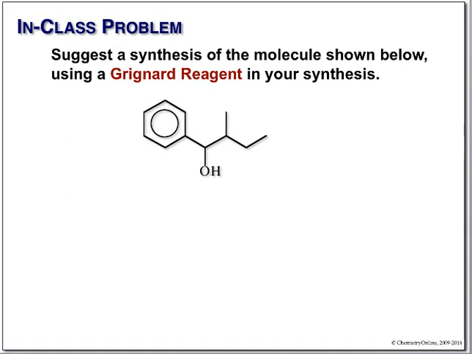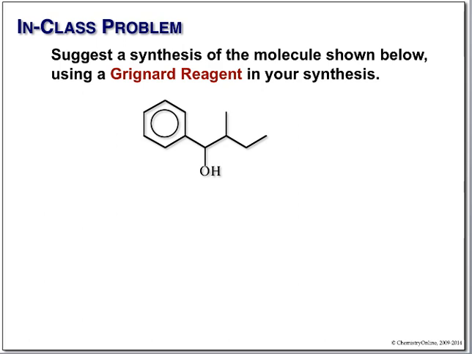Okay? Both pathways to make this alcohol by a Grignard reaction. Now, how do we do this? We sit back for a second, catch our breath, and we think, okay, I can do this, right?